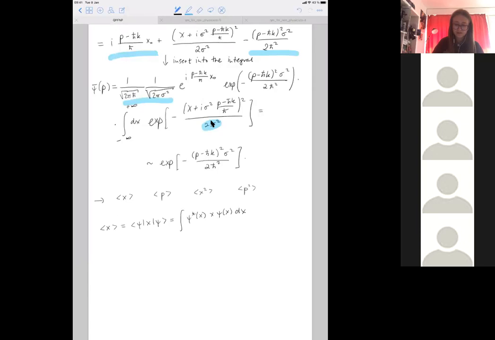And to calculate this integral, you will need to know only three integrals. Essentially the first one is this, as I already mentioned.